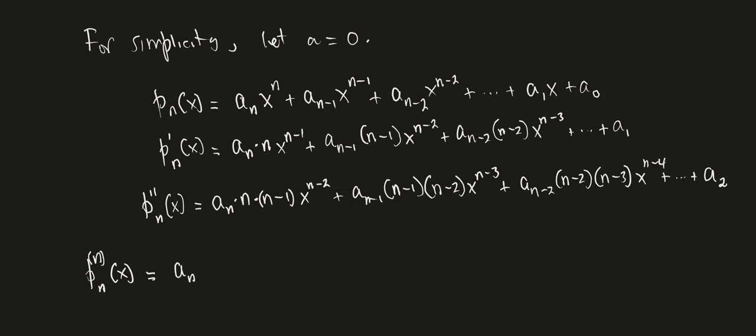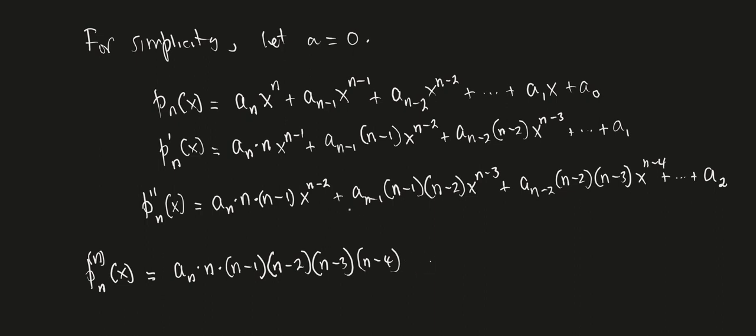You'll have the original coefficient, a sub n, then you'll have the original power, and then the power from the first derivative, meaning the highest power, I should say, from the first derivative is n minus 1. Then the highest power in the second derivative. Then you'll have the highest power in the third derivative. And then you'll have the highest power in the fourth derivative, dot, dot, dot.